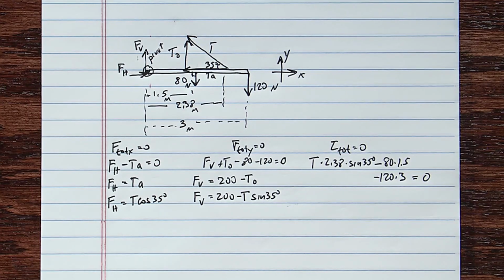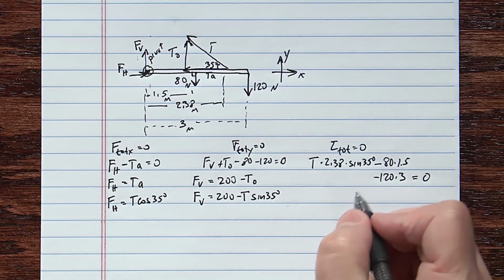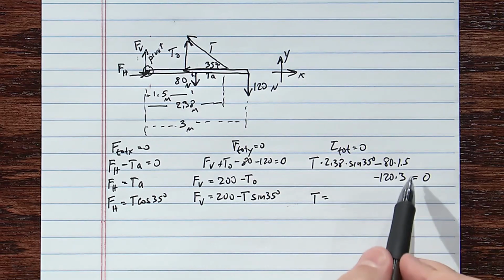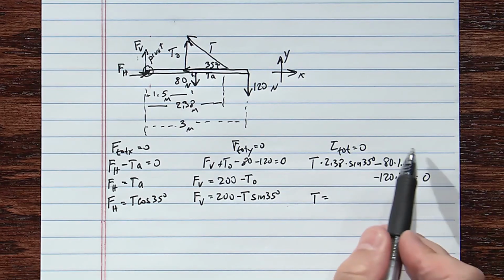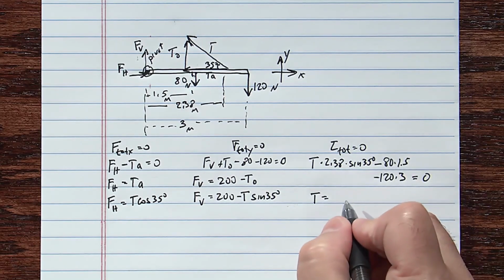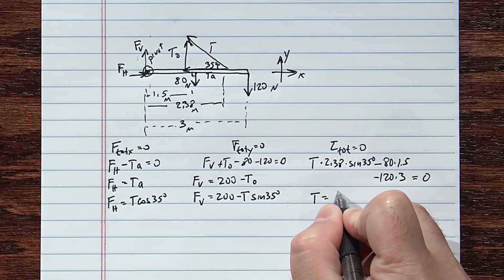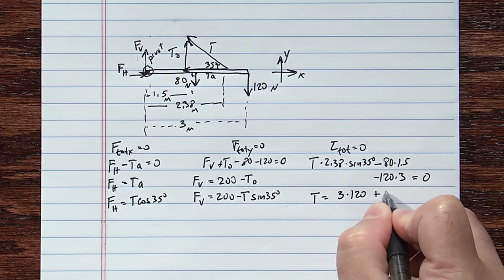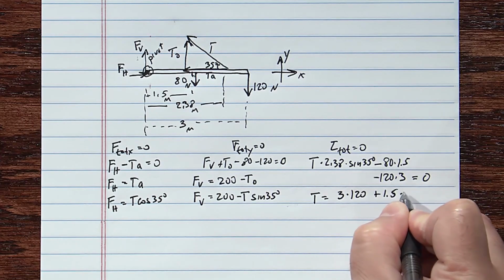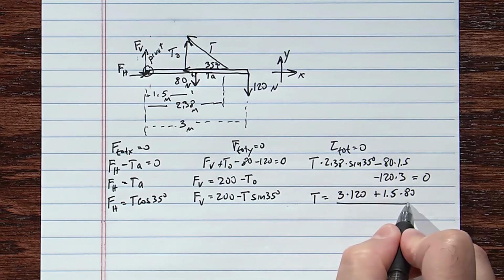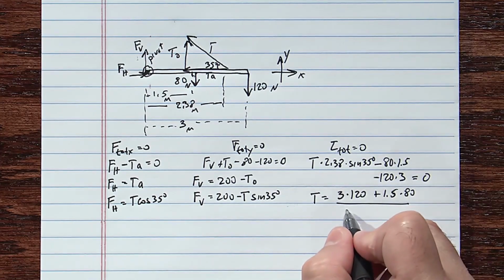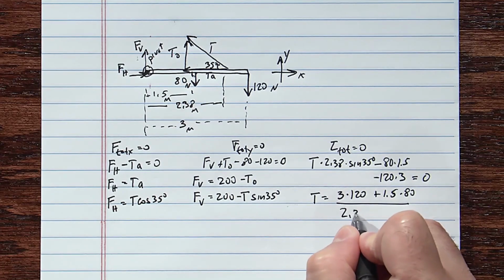And we have an equation with just our one unknown, tension, in it. So that tells us that tension is equal to, well, I'll add both of these to both sides, and I'll get 3 times 120 plus 1.5 times 80 divided by 2.38 times the sine of 35 degrees.